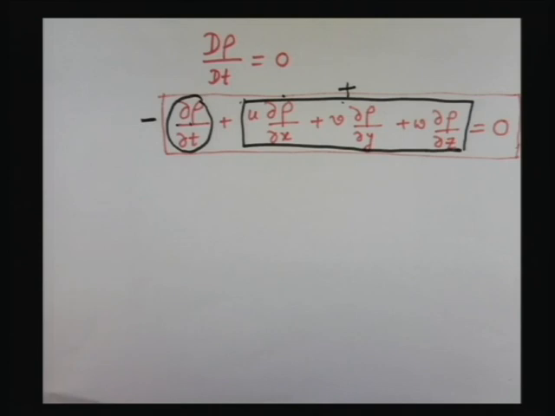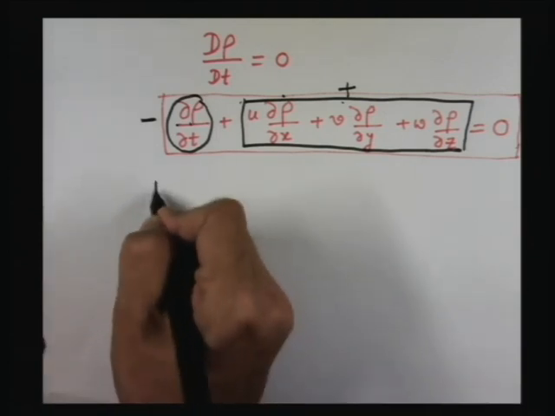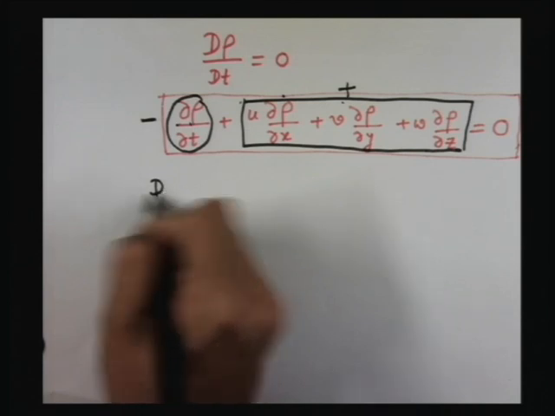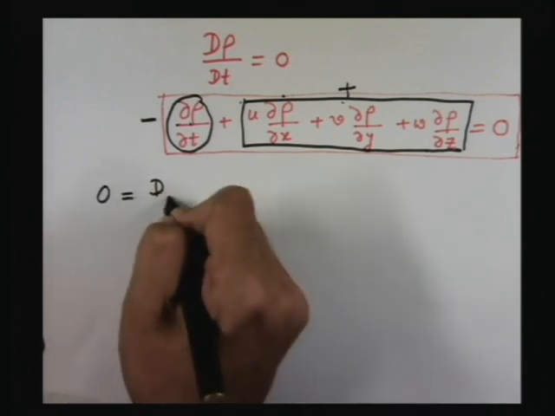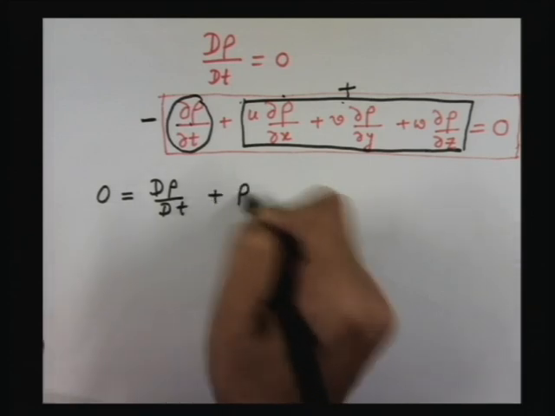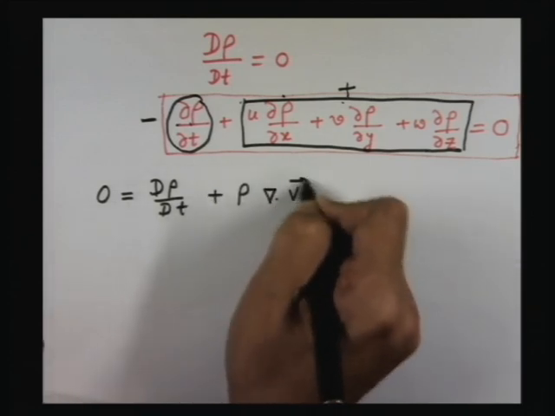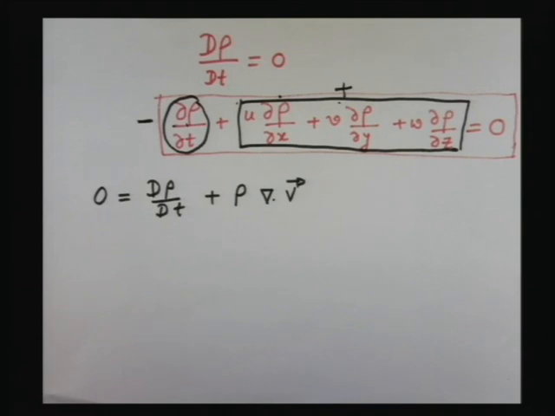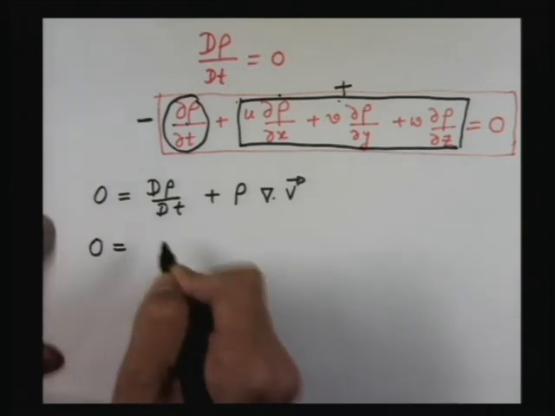So the equation that we derived, we will go ahead with that, considering that it's a general flow, it may be both compressible as well as incompressible. So we will expand the terms.